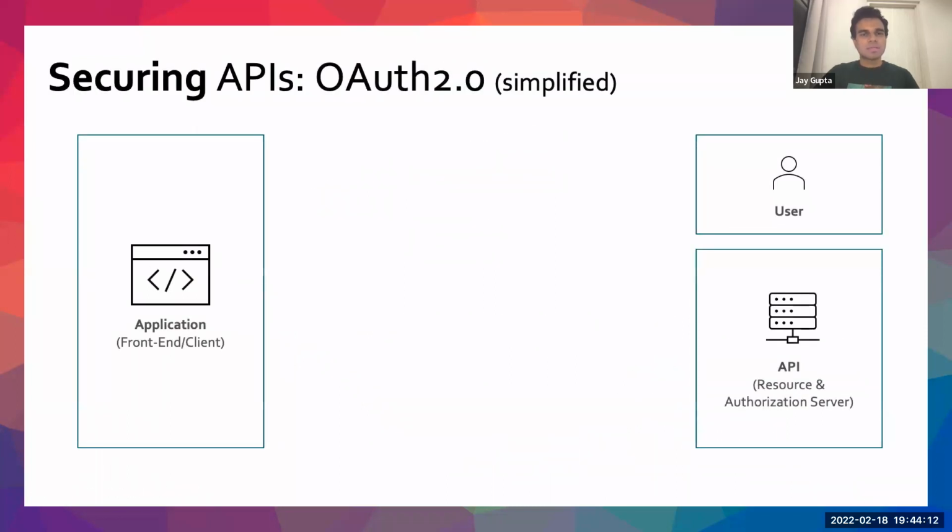Now I think this is one of the most important slides for this workshop. This basically shows us a flow of how OAuth 2.0 works. It is a bit simplified here, but it will help you to get an overall conceptual understanding of what OAuth 2 is and how it actually works.